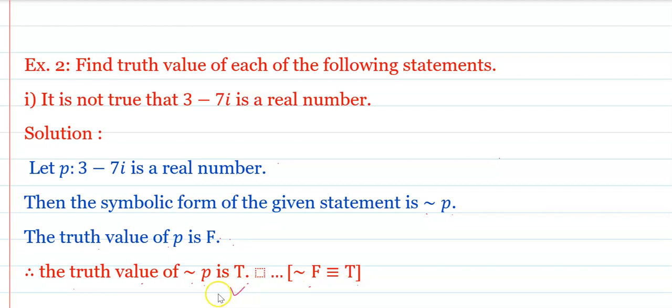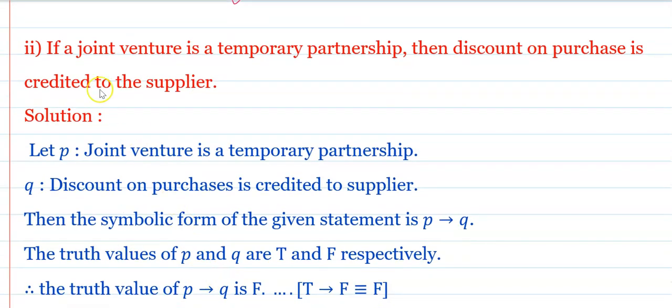Okay. Now the next. If a joint venture is a temporary partnership, then the discount on the purchase is credited to the supplier. Okay. Now P means what? The joint venture is a temporary partnership. Q: the discount on the purchase is credited to supplier.